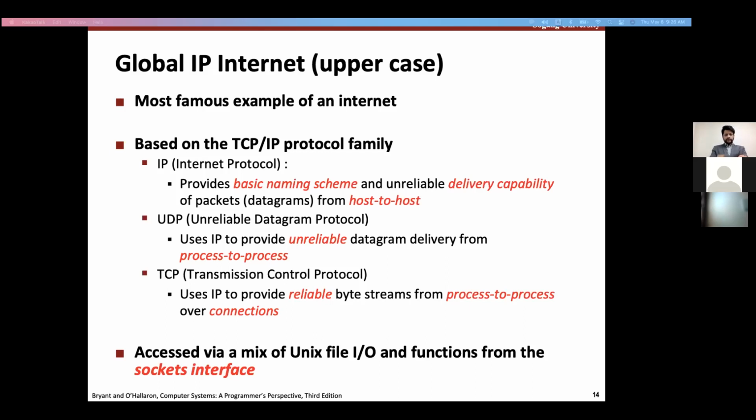Each internet host runs software based on the TCP/IP protocol family. The Internet Protocol provides a basic naming scheme and an unreliable delivery capability, sending packets known as datagrams from one internet host to another.